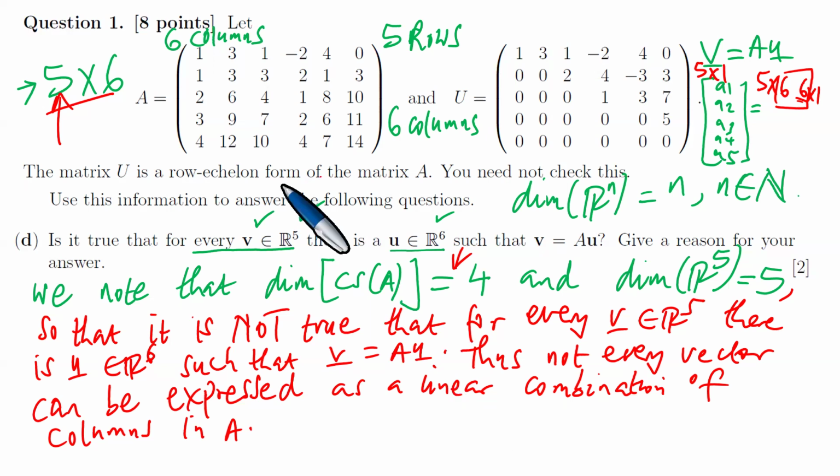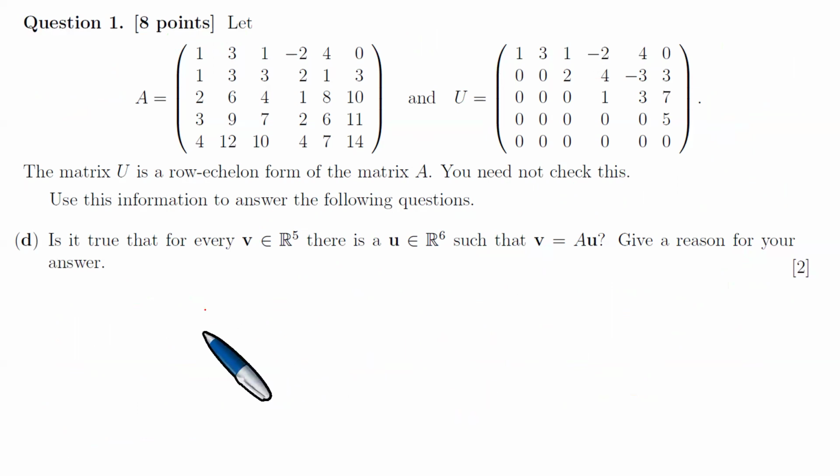Well, it's because V itself is a column vector. How do we see that? That's a good question. So let us look at what is happening here. We are taking V, and V is in R5.